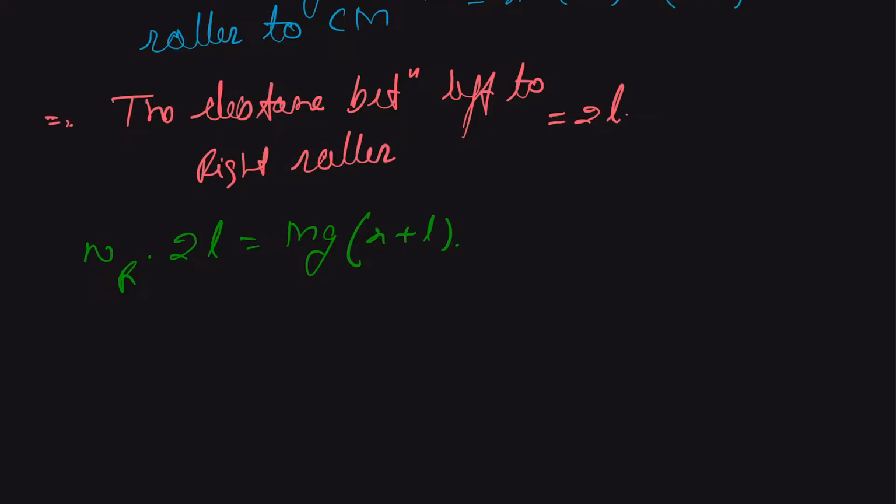And from here we can write n of R will be equal to mg (x plus L) divided by 2L.